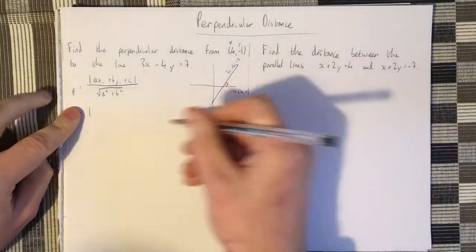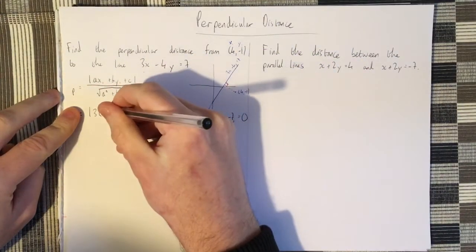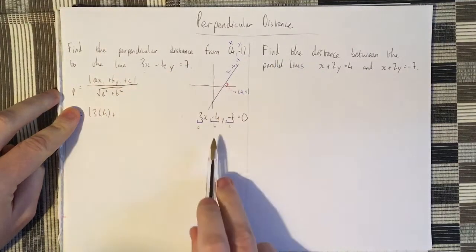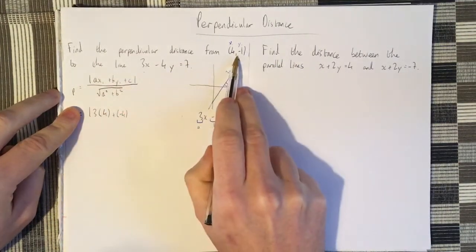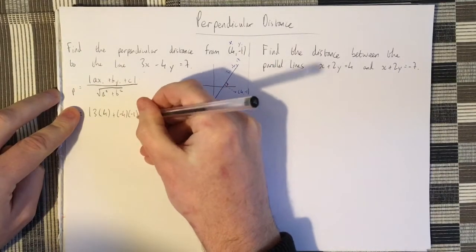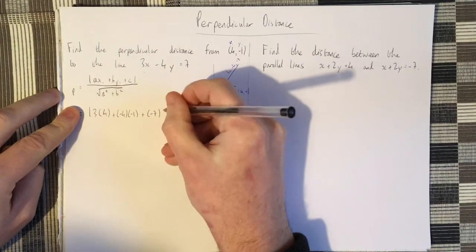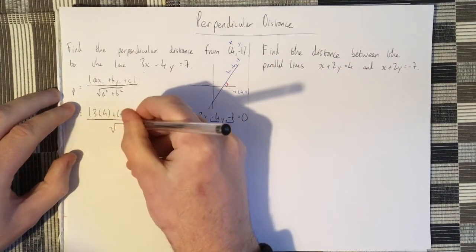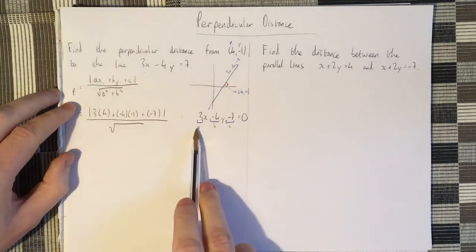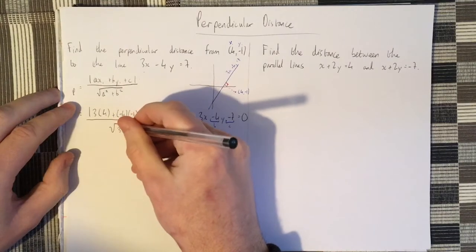So it's the absolute value of 3 times x1, which is 4, plus b, so b is minus 4 times y1, which is minus 1, plus c, which is minus 7, all over the square root of a squared plus b squared. So that is 3 squared plus minus 4 squared.